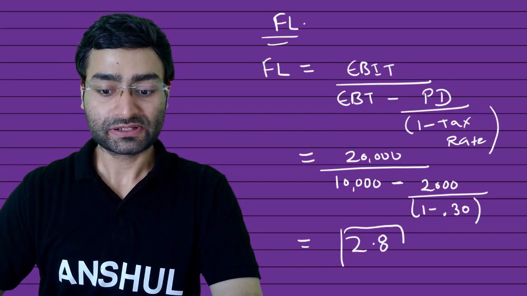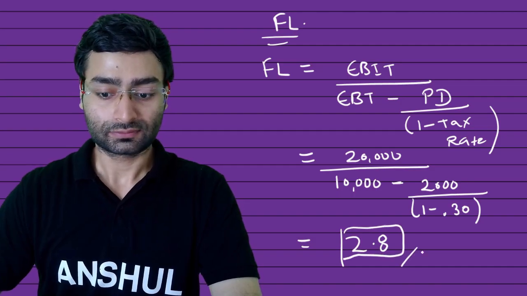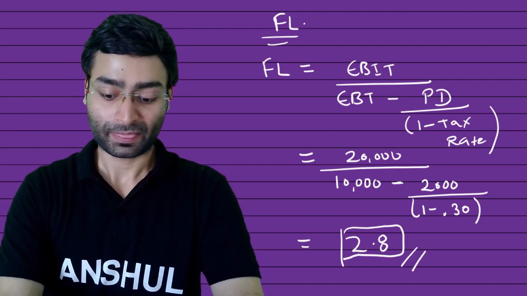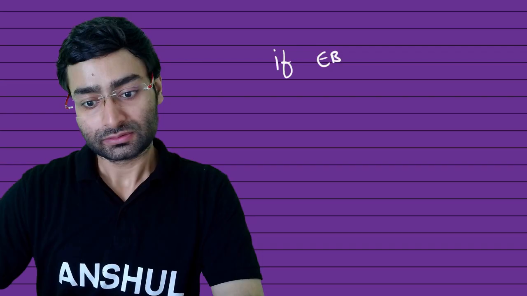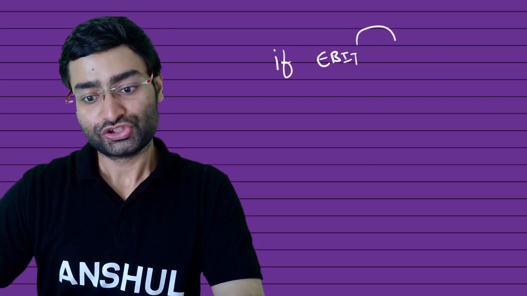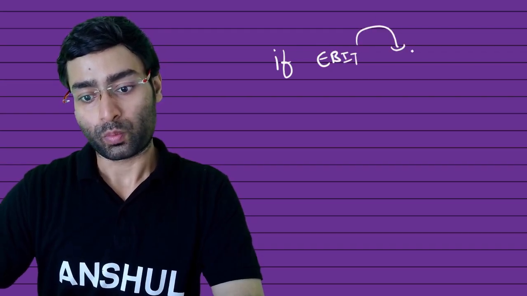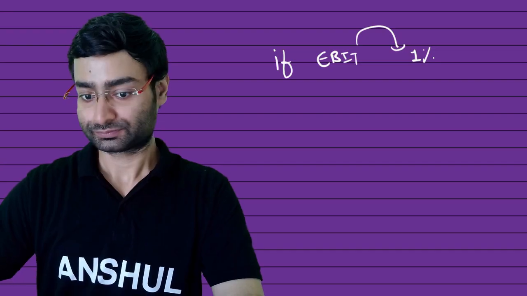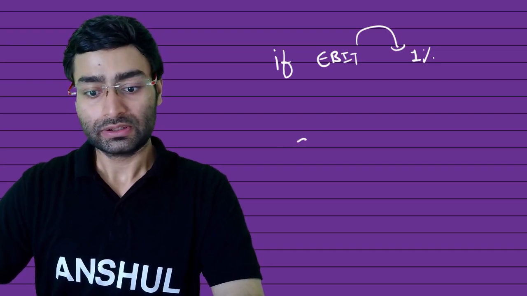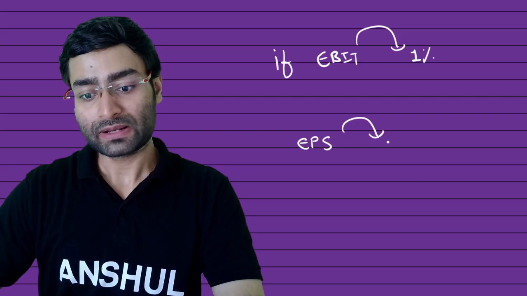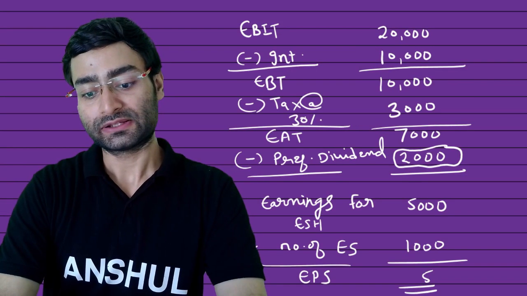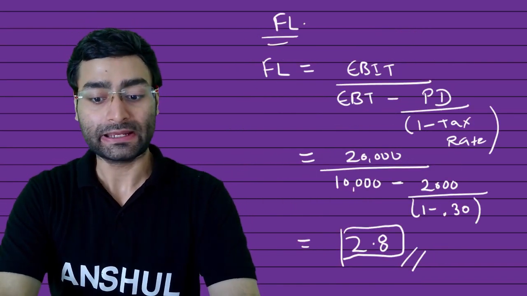Now what does this 2.8 interpret? What is the meaning of this 2.8? If EBIT changes by 1%, the EPS will change by 1% multiplied by this financial leverage 2.8.